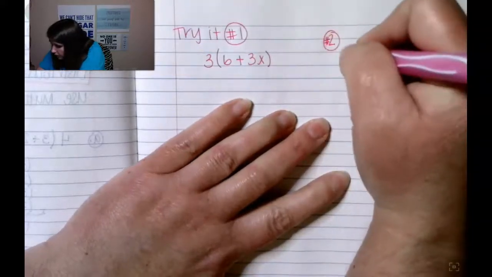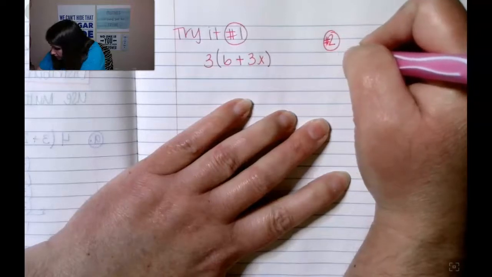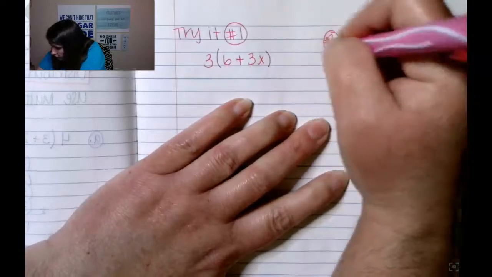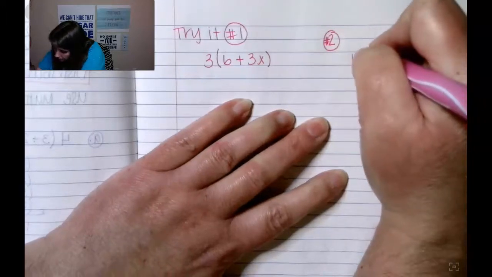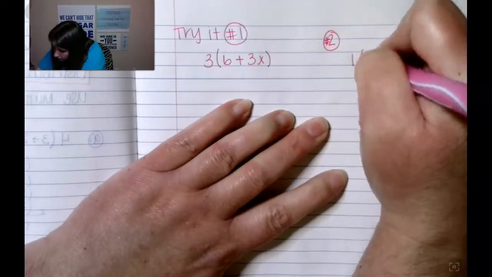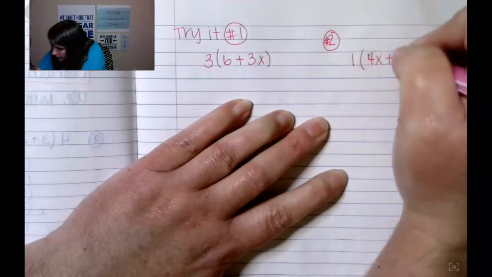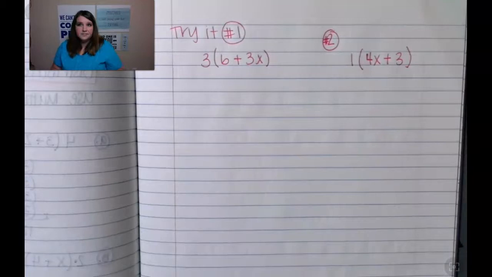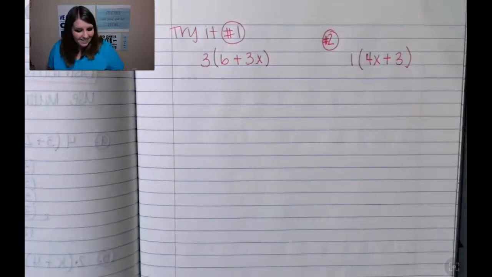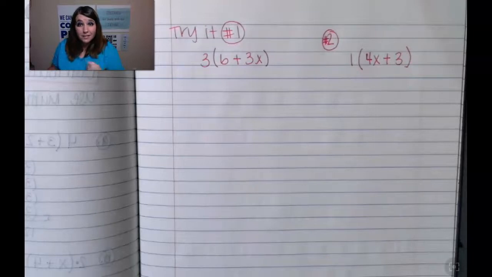Try-it number 2 is let's do 1 group of 4x plus 3. All right, ready? Okay, hit pause so that you don't hear me solving this problem. I want you to try it first.